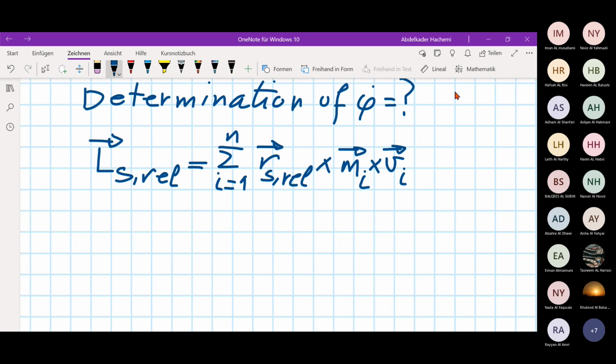Okay, this is what we defined in the lecture, and this will be considered as constant.